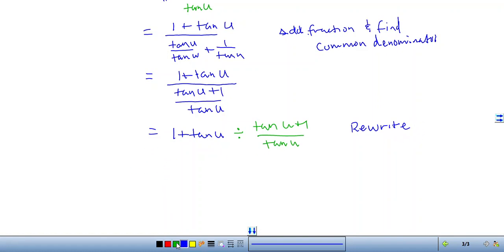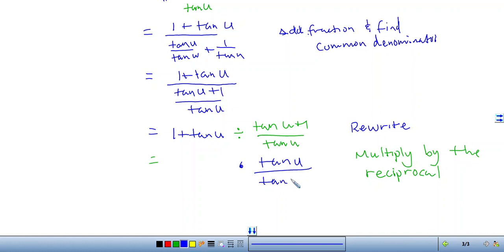So after you rewrite this, now let's go ahead and multiply by the reciprocal. So multiplying by the reciprocal, instead of doing division, we multiply by the reciprocal of the second term. So that's just tangent u over tangent u plus 1. And then over here, let's have tangent come before the 1.